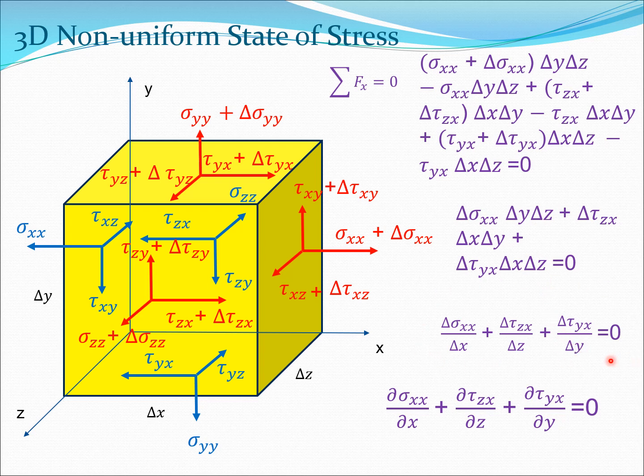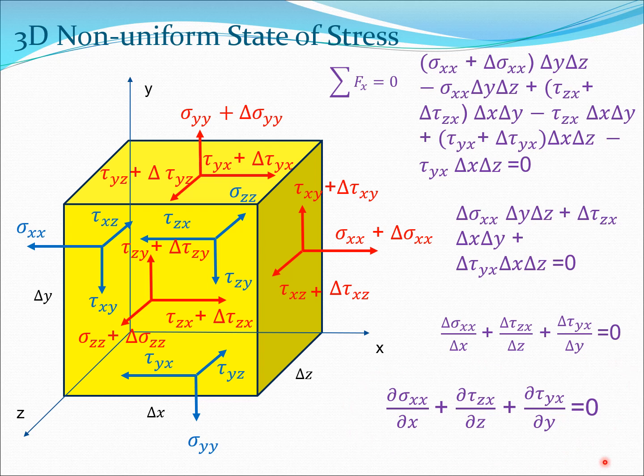Now let's imagine a situation where this delta x, delta y, and delta z become smaller and smaller. So in the limit, from calculus, they will approach the derivative. So what happens is now you are at a point. At that particular point, this partial differential equation will hold, that is partial sigma xx by partial x plus partial tau zx by partial z plus partial tau yx by partial y equal to 0.